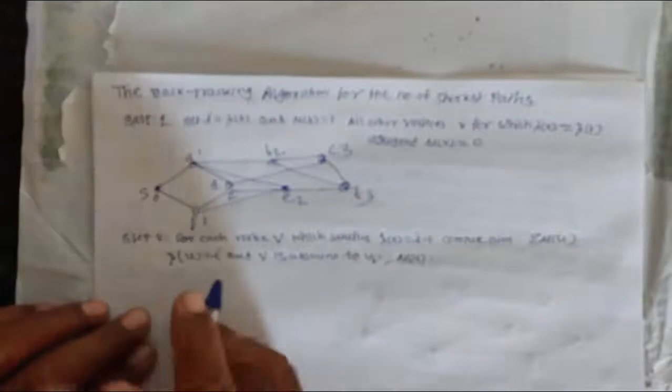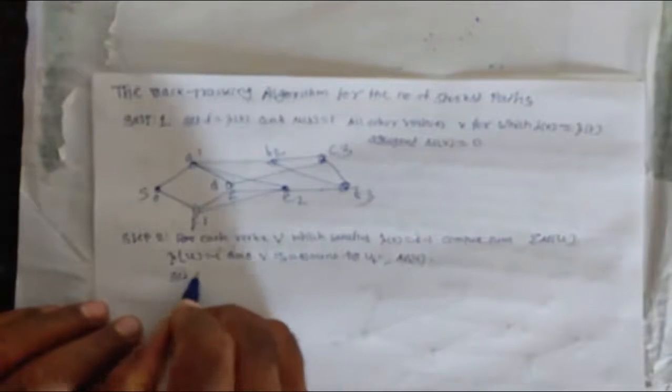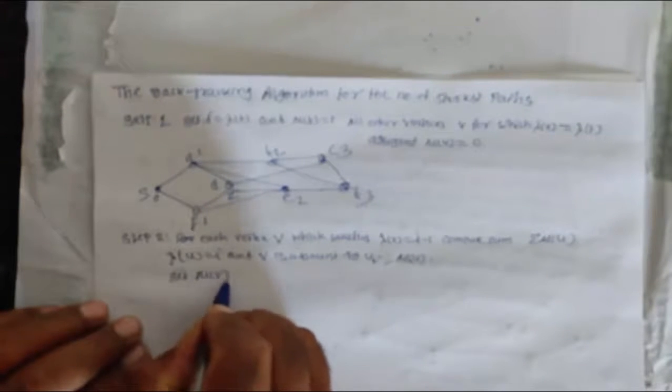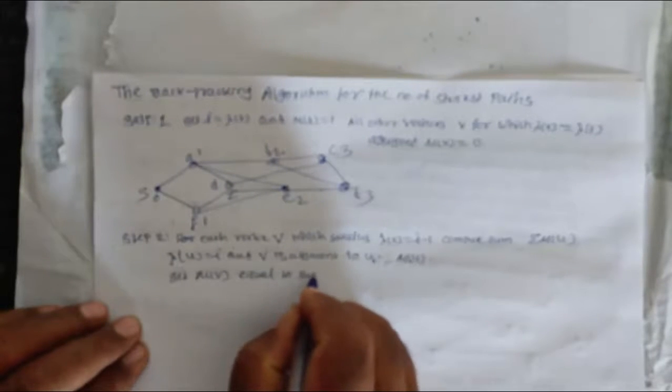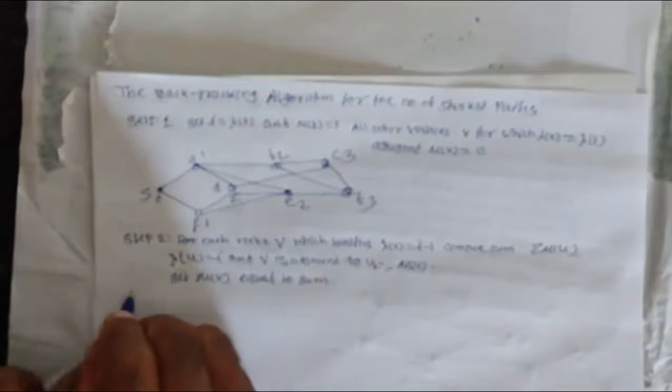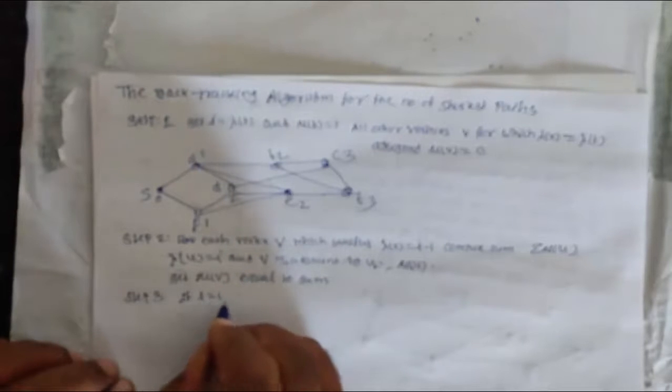For each V, set mu of V equal to the sum. And step third, if I is equal to 1, stop.